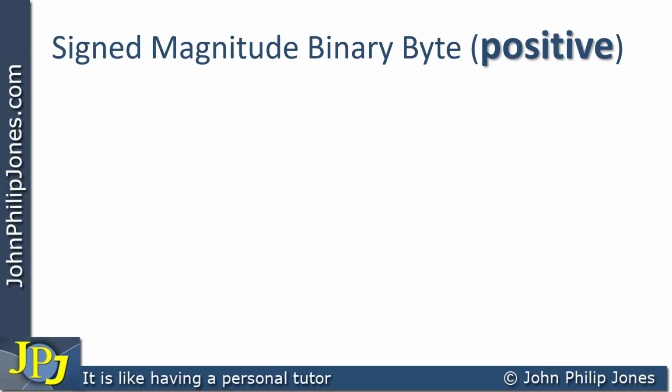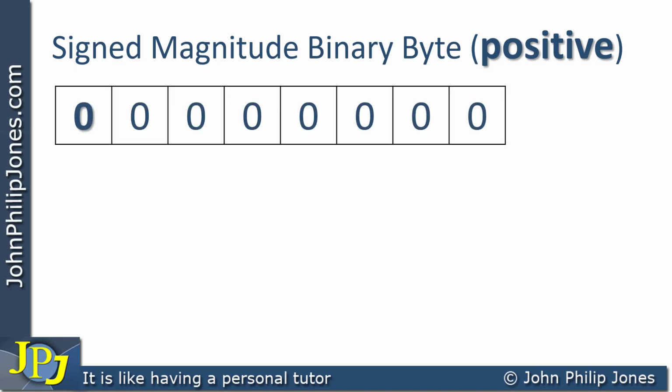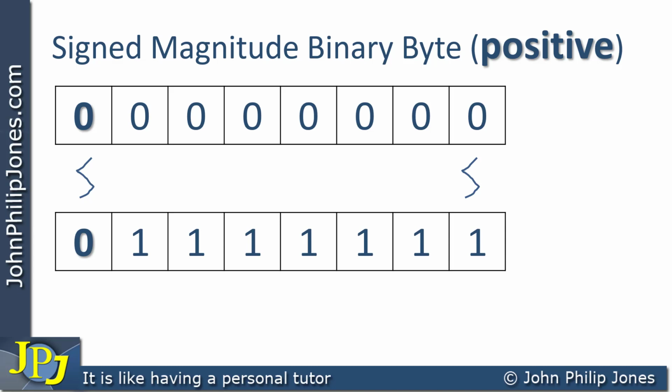Let's now consider signed magnitude binary bytes, and let's have a look at the positive range. Now this is the value we have at the beginning, and if we carry on we have all of the other combinations, and this is the value we can have at the end. Now you can see that we don't go on to where it's all ones because we have the sign bit, and the sign bit is positive.